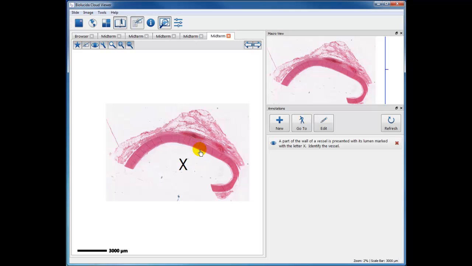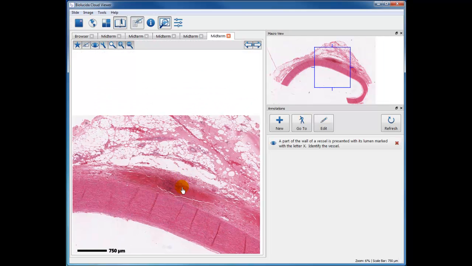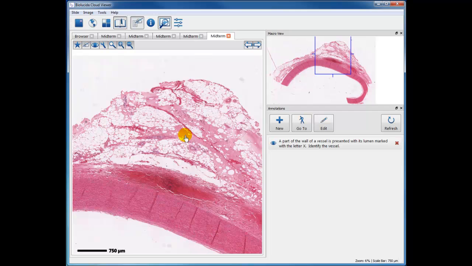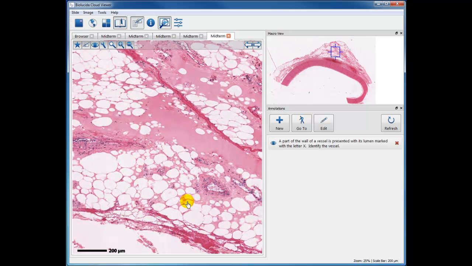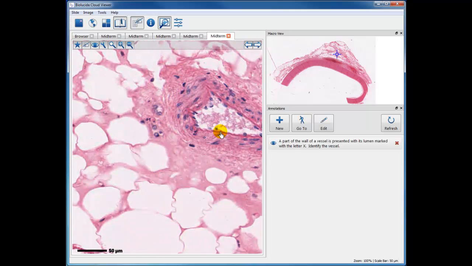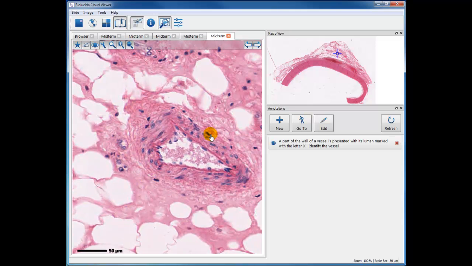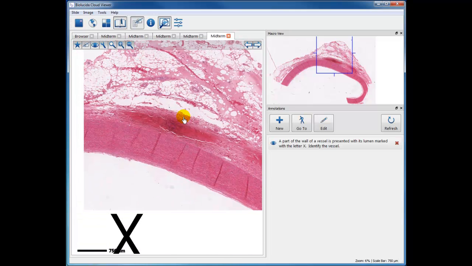You're given that this is a part of a vessel wall. Hopefully you recognize that this is adipose tissue out here, and you've got some small blood vessels, like this is an arteriole here. This is getting very close to a capillary. But you're asked about this vessel where the X is in the lumen.